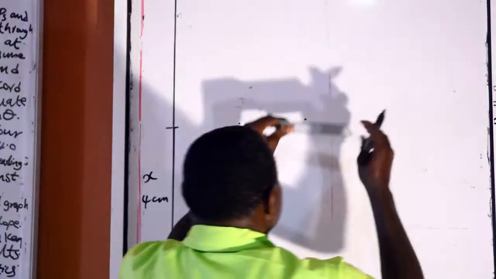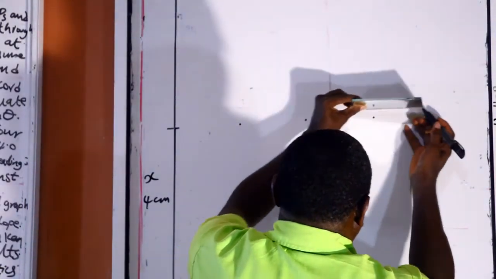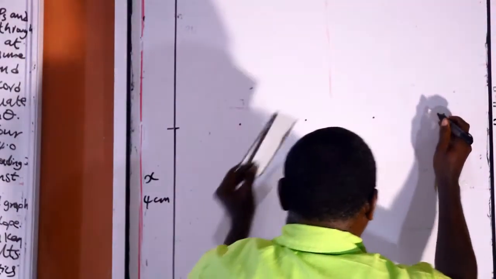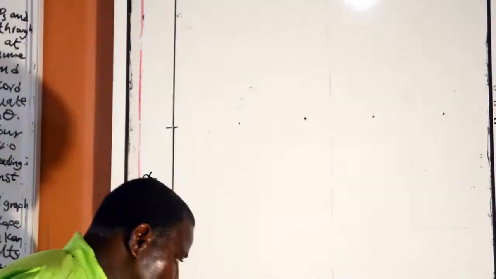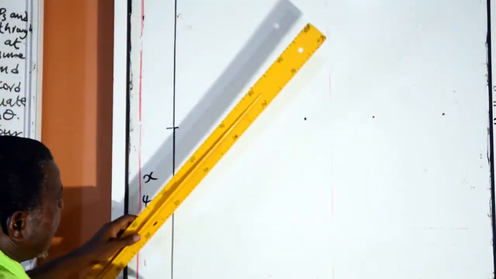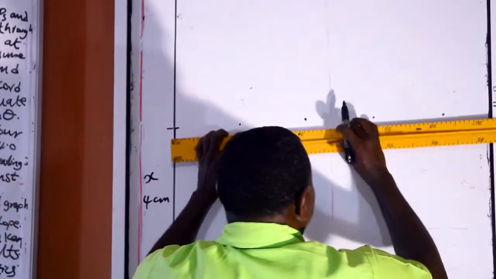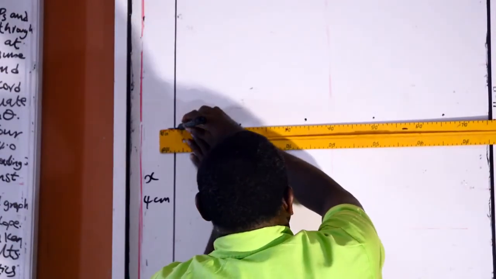Let's assume this is the length of the mirror. This will be the middle of the mirror. So we join X. First of all, let's locate the length.